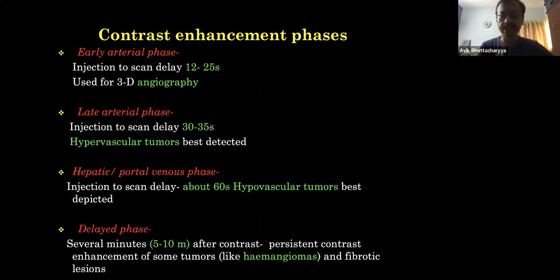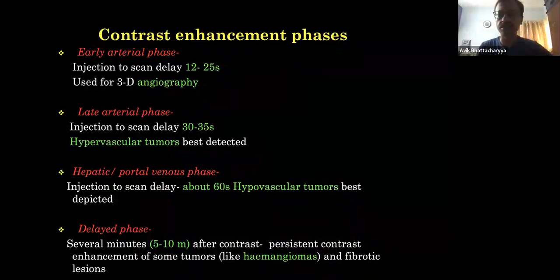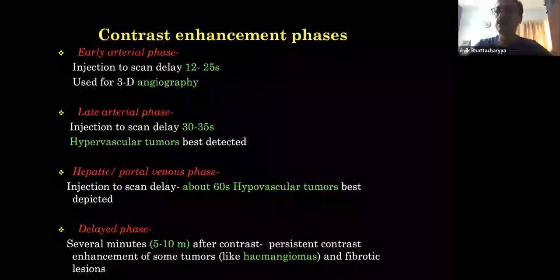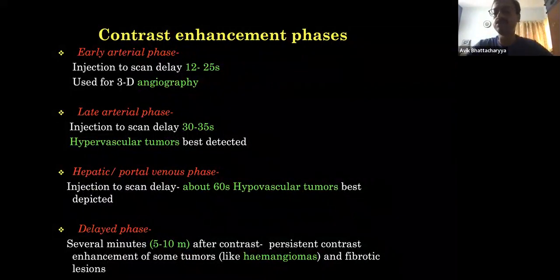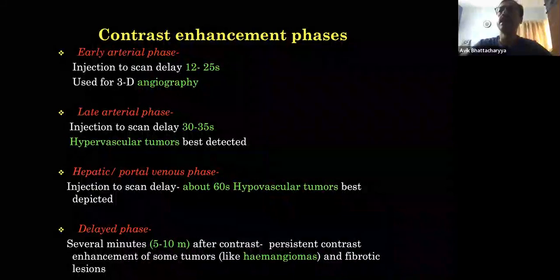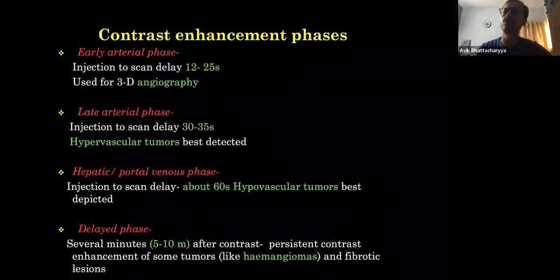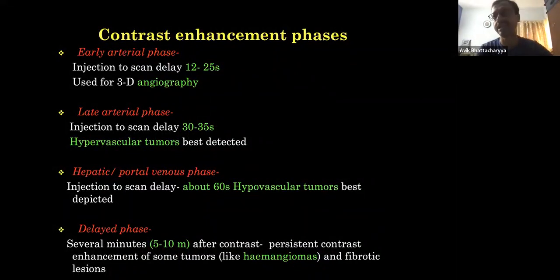So here you also try to understand that when we give a contrast to a patient, suppose the contrast volume is around 80 ml or 90 ml. And when we do a triple phase study, we inject the contrast at 4.5 to 5 ml per second.